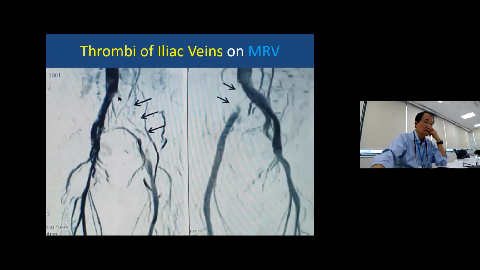So the iliac vein here is the external, common iliac and inferior vena cava. You don't see filling of the left common iliac and external. The internal iliac has anterior and posterior branches supplying the buttocks or internal pelvis. So it's a block.